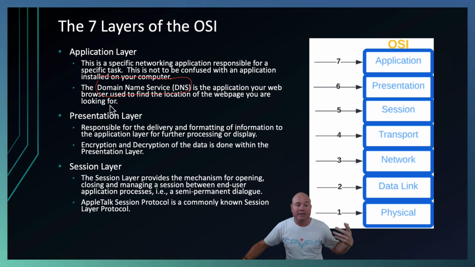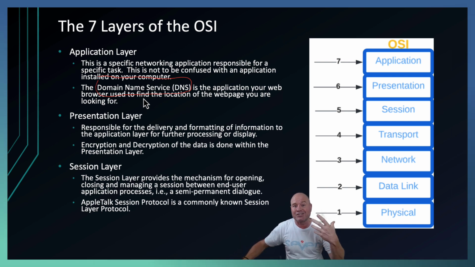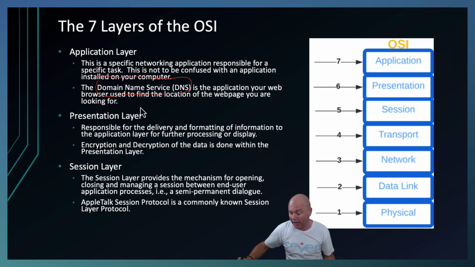The domain name service is the service that takes the name that you type in on your web browser, so www.yahoo.com, www.toddomation.io, and it actually translates that into the actual address where that web page is going to be found. Once again, not trying to get super deep, but that's the application, because these are networking applications, not specifically user applications.